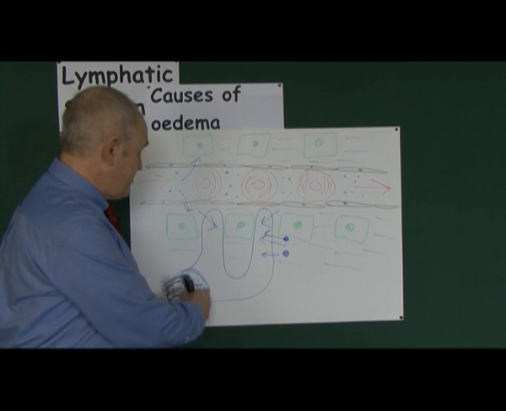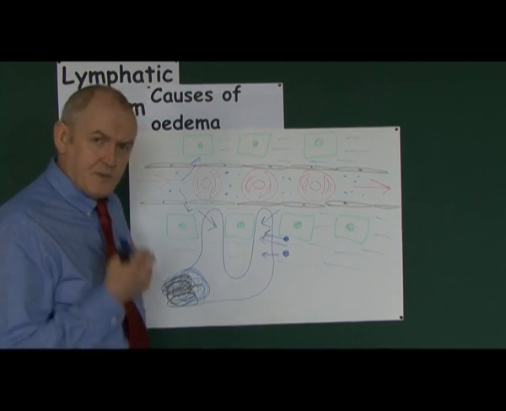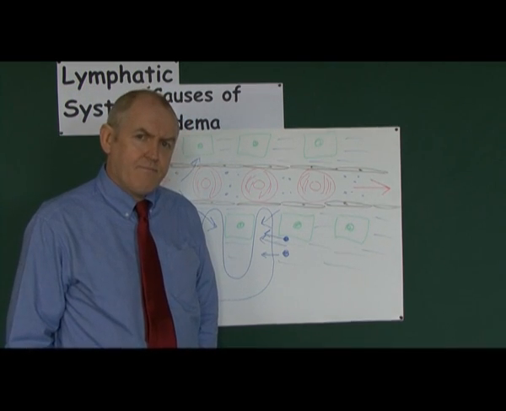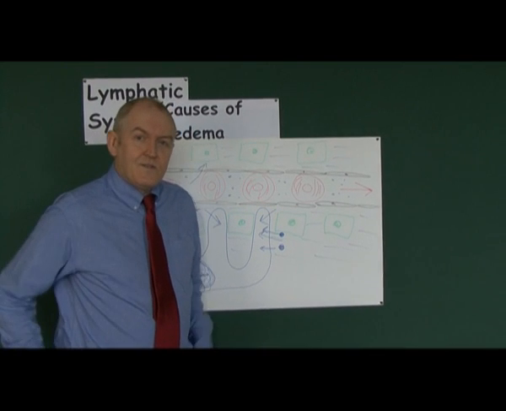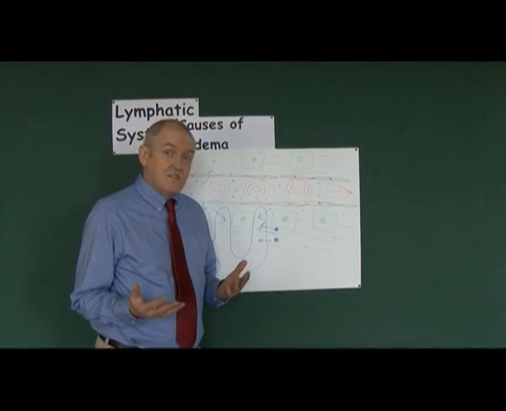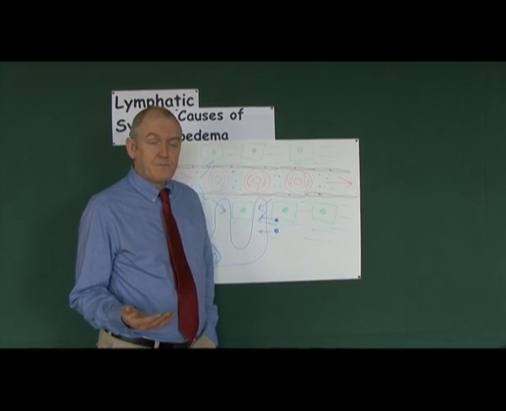And very often we see reduced lymphatic drainage as an iatrogenic complication. What does iatrogenic mean? Remember that one? Well, iatros is Greek for doctor, isn't it? So iatrogenic means something caused by medical treatment.